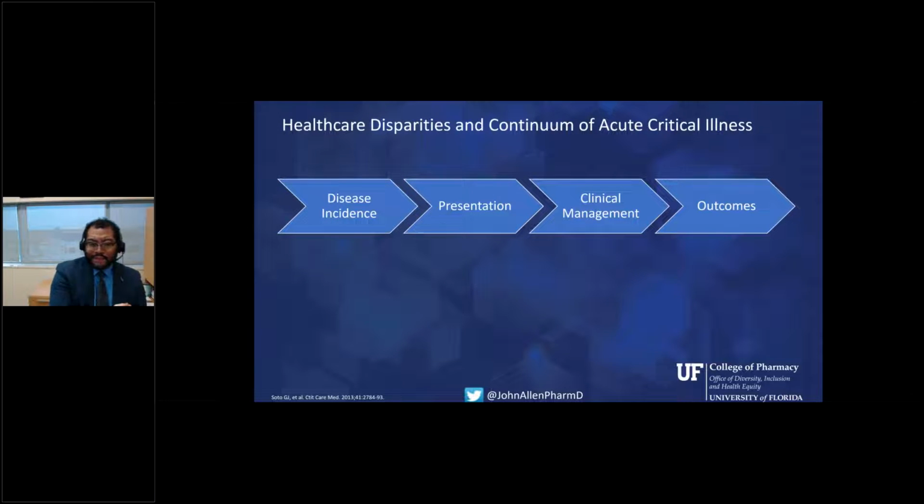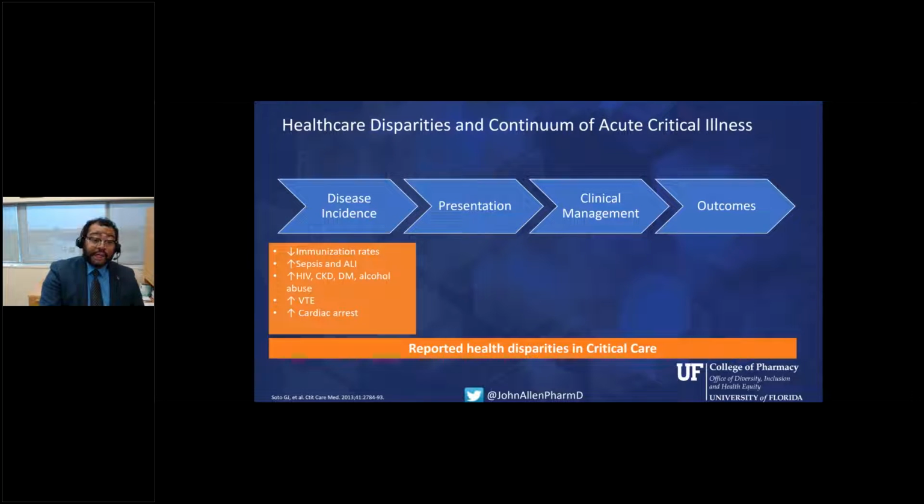So when we talk about disease incidence through presentation, through clinical management, through outcomes, that really spans the continuum of acute critical illness. And so Soto and colleagues had published a beautiful review in Critical Care Medicine that highlighted and spoke to where disparities are present across the continuum of acute critical illness.